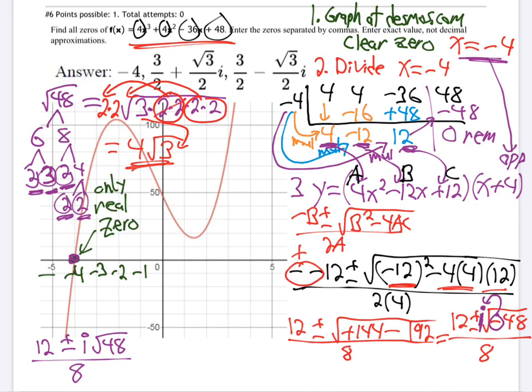So, because when the 2 2's send out a 2, they're gone, and those 2 2's multiply on the outside to be 4. So it's 4 root 3. So this becomes 12 plus or minus I times 4 root 3 all over 8. Okay, now, how do we simplify that? Well, remember what we talked about.